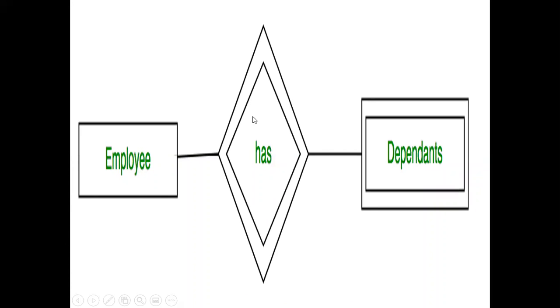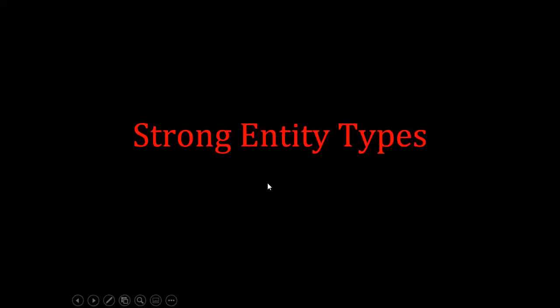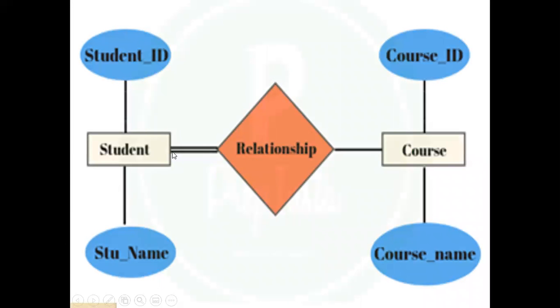So the symbol is like this: employee is a strong entity type, dependent is a weak entity type. The relationship is a double line rhombus or diamond shape, which is called an identifying relationship. For the strong entity type, we have shown some examples here, between student and course: strong entity type, total participation, and this is partial participation.